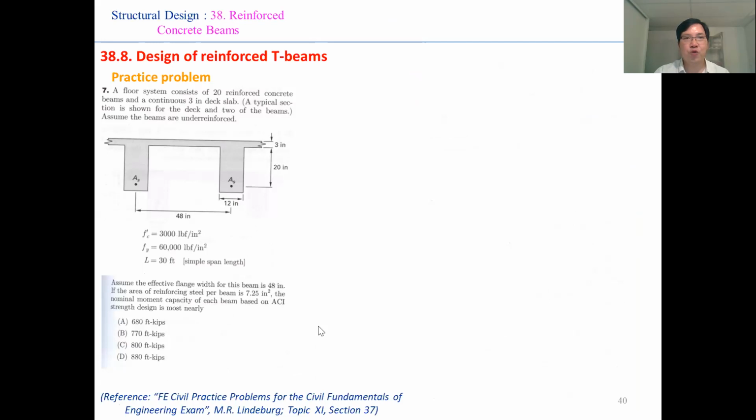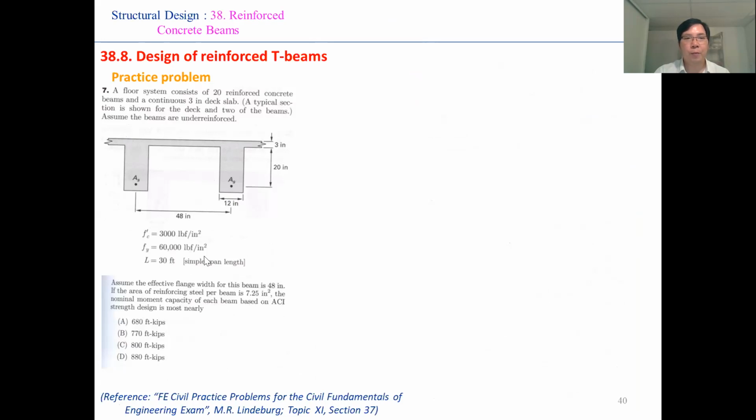And I show you here another practice problem that is similar to the two problems that you have seen before. They give you some input data for the floor system.